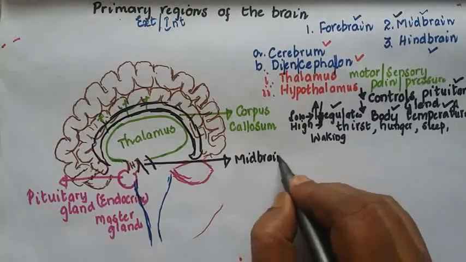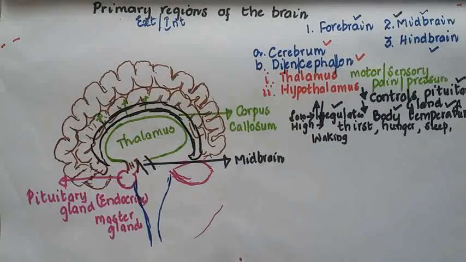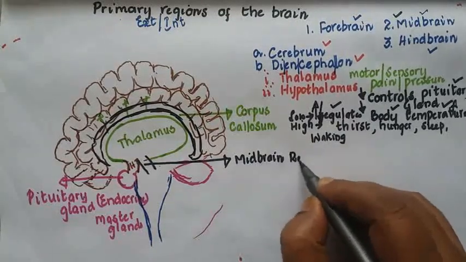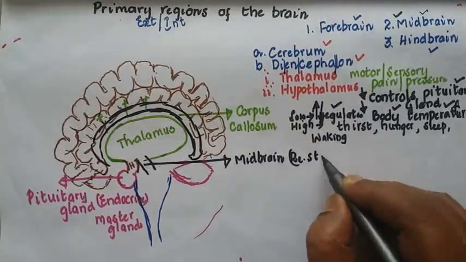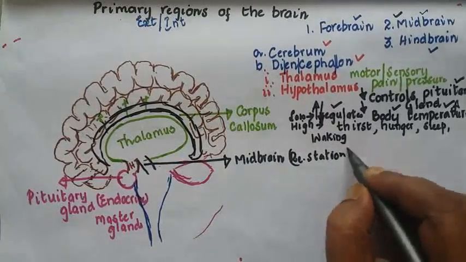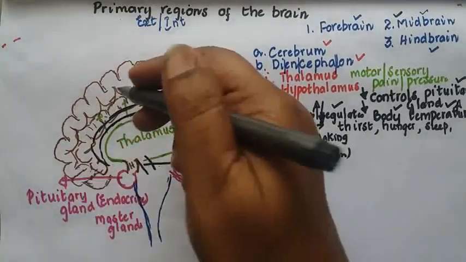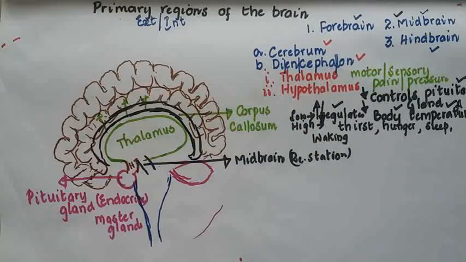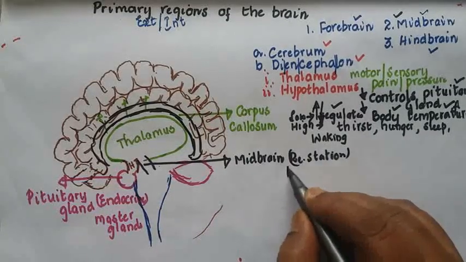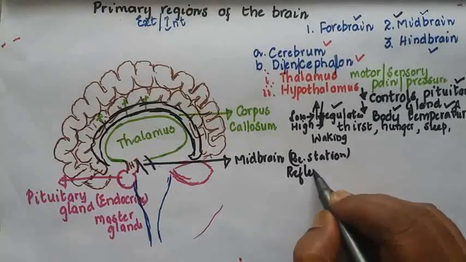So you can say that it acts as a relay station. It acts as a relay station conducting impulses from hindbrain to the forebrain, or vice versa. Or you can say that the main function of midbrain is that it is concerned with the reflexes.